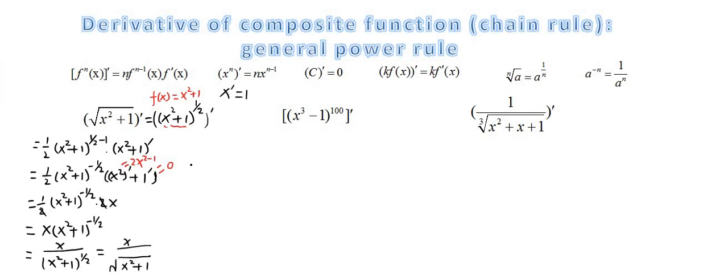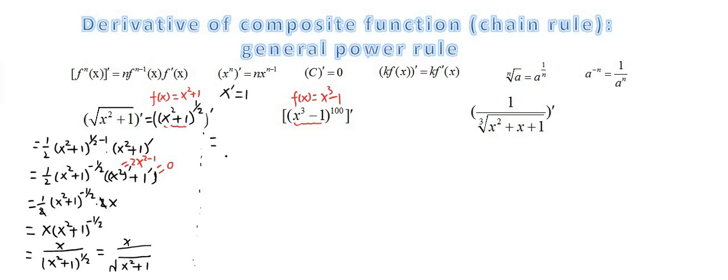Okay, now let's take a look at the second example. For the second example, it's very straightforward. We can easily find f(x). Find f(x) equals x cubed minus 1. So we can follow the general power rule.